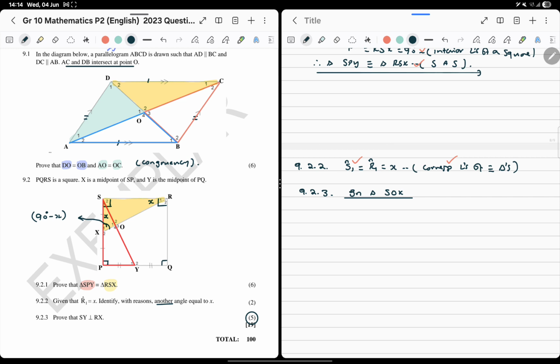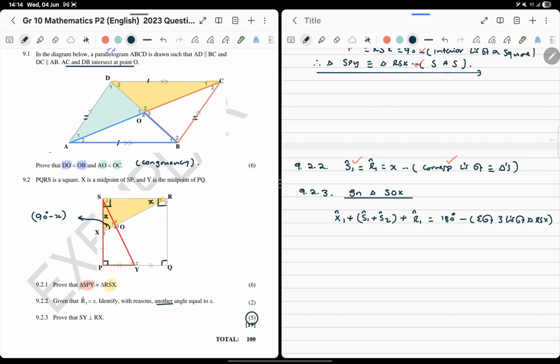We know that angle x1, we need to show this calculation, x1 plus angle S1 plus angle S2 plus angle R1, we should get 180 degrees. We just want to go about it nicely. Sum of 3 angles of triangle RSX.